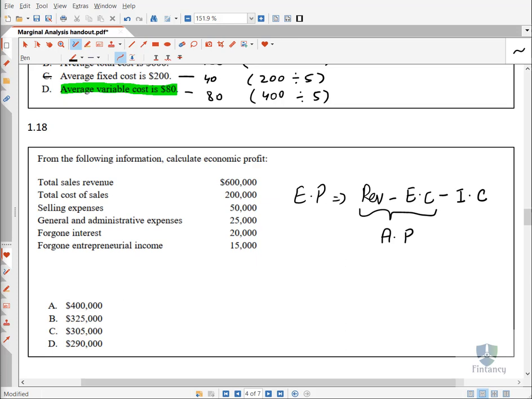Okay, my friends, please tell me. Many people already wrote in the chat box. So I think you can start from the sales itself, which is 600, and just minus every single amount to reach your answer, right? So the answer for question number 18 is D.